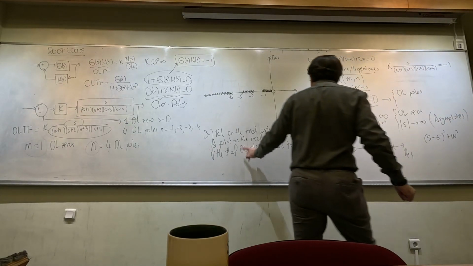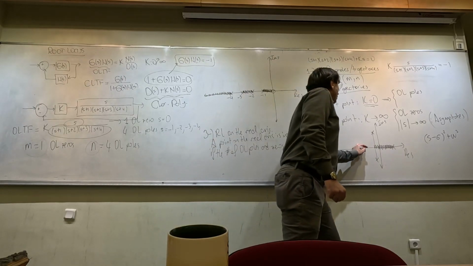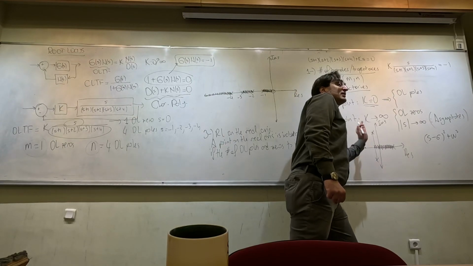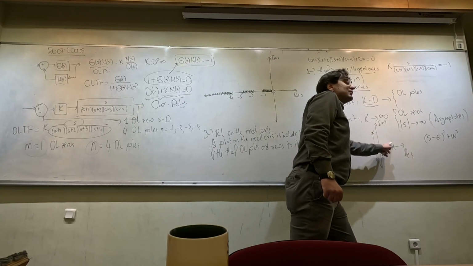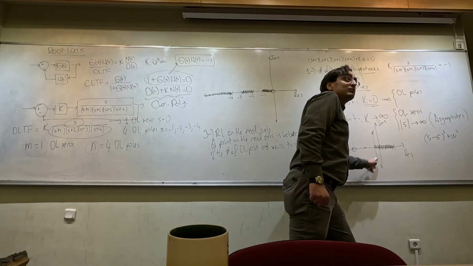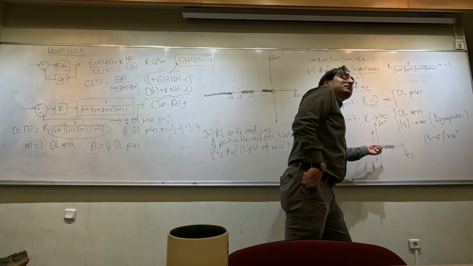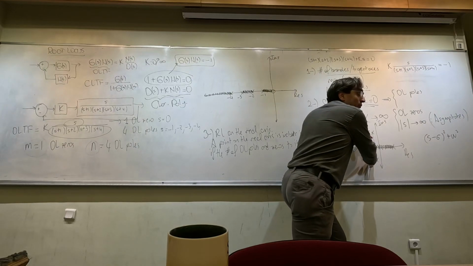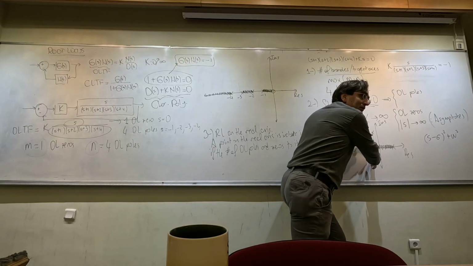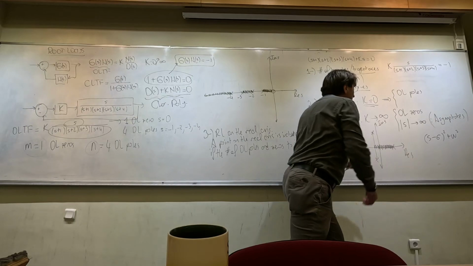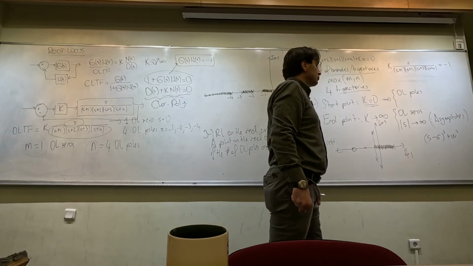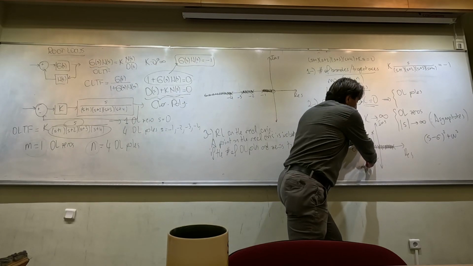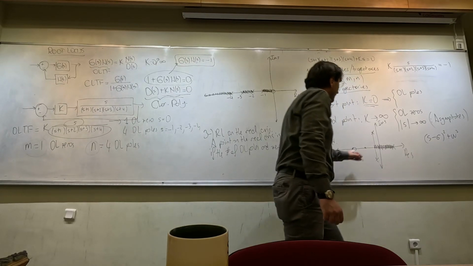So here, if I use this rule, for any point here like this, the total number of open loop poles and zeros to the right is 3. And these 2 will never be able to change the evenness or oddness of that number. Okay? So you can either forget about these two poles when trying to find the real axis root locus, or you can count them as double poles like this, so that they won't change anything.